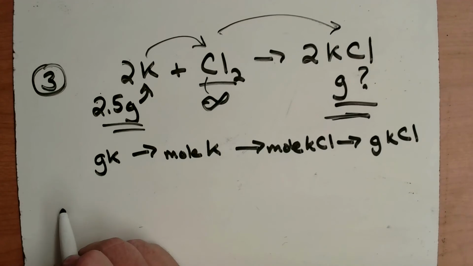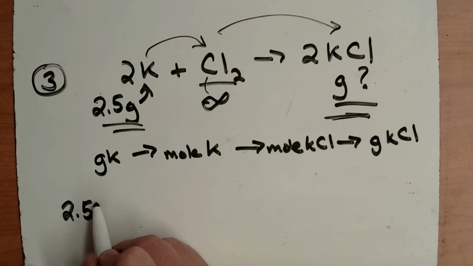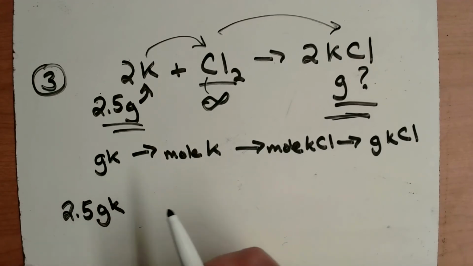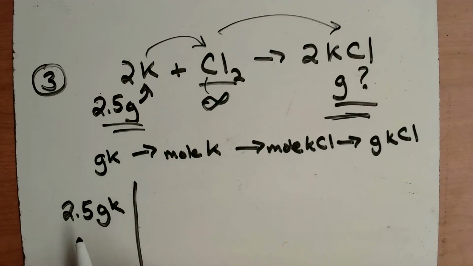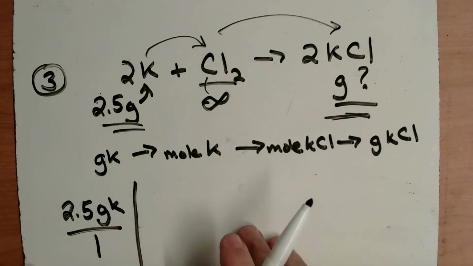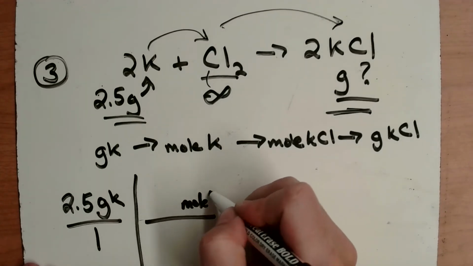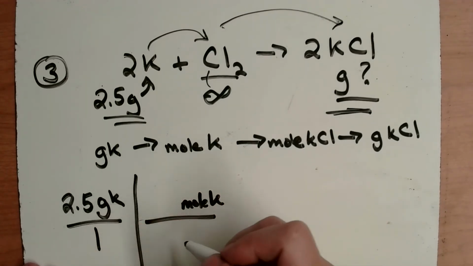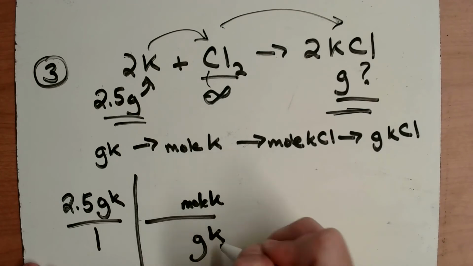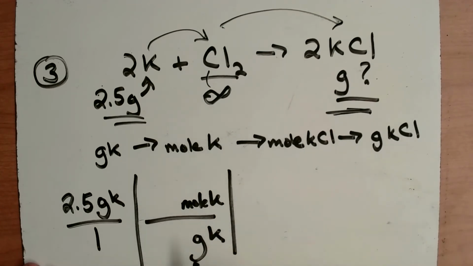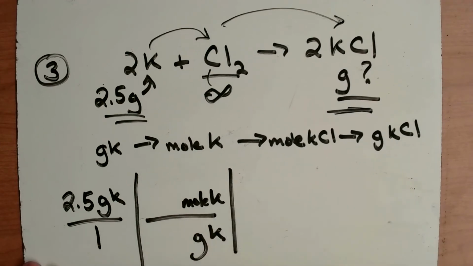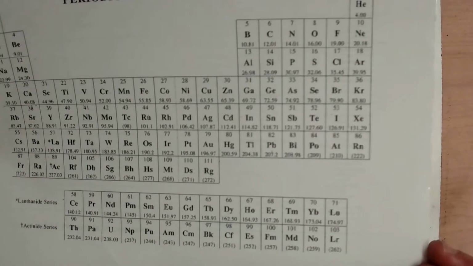Okay, so we start with 2.5 grams of K, and we're going to go to moles of K. So I like putting it over 1. If we want to go to moles of K, and we want to get rid of grams of K, grams of K goes in the bottom here. And this relationship, moles and grams, is the molar mass of K. Remember, molar mass you get from the periodic table.